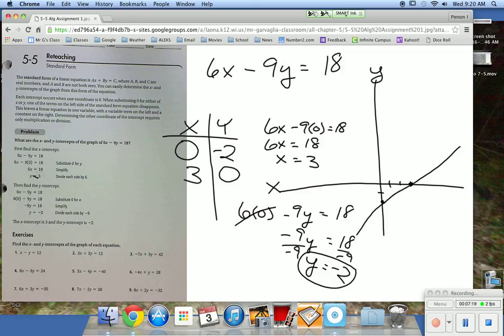There's my graph, just with 2 points. That was putting in 0 for x and 0 for y and solving. When I put 0 in for x, I found where it crosses my y-axis. When I put in 0 for y, I found where it crosses my x-axis. What else do I need?